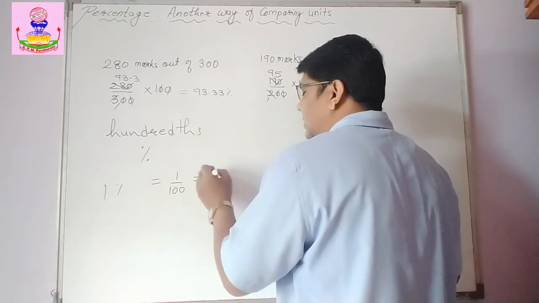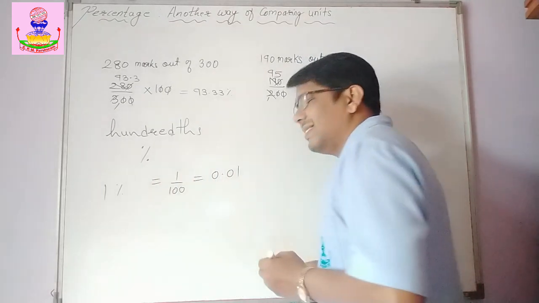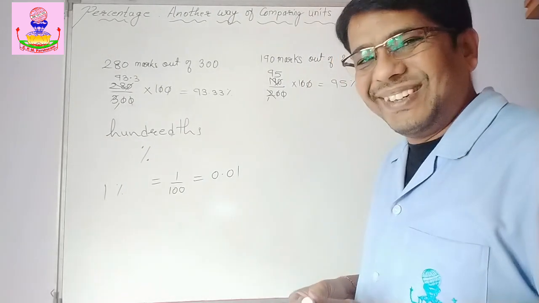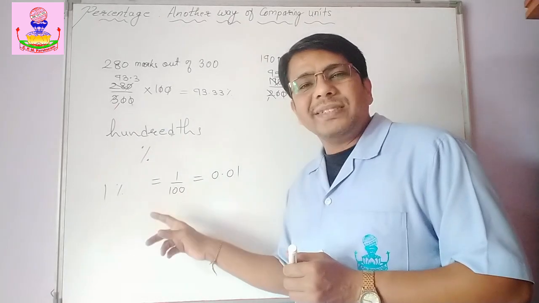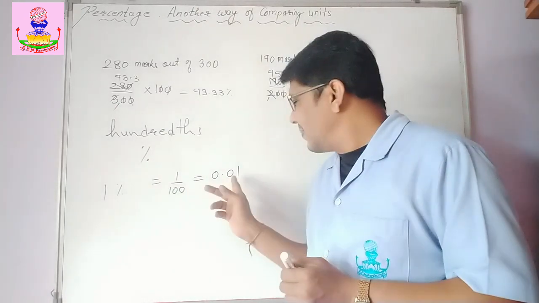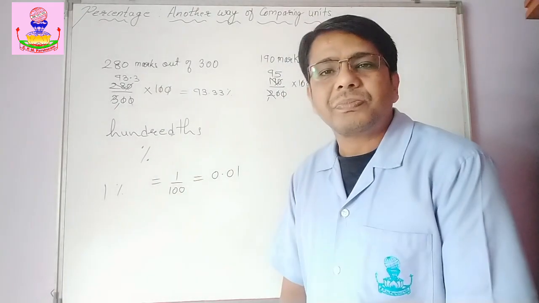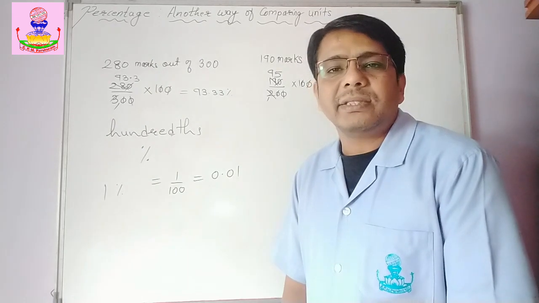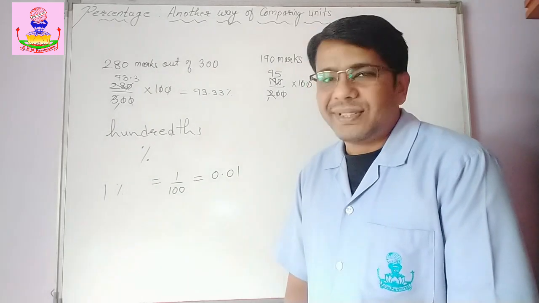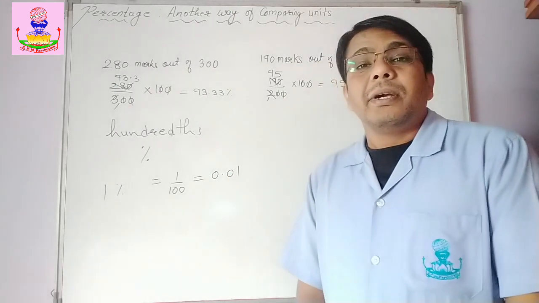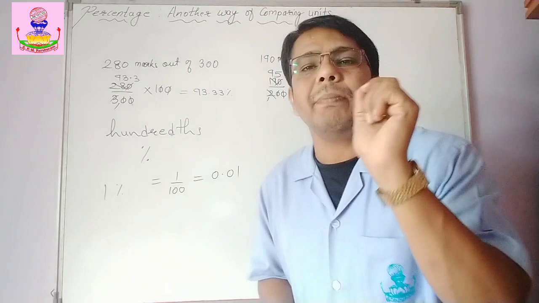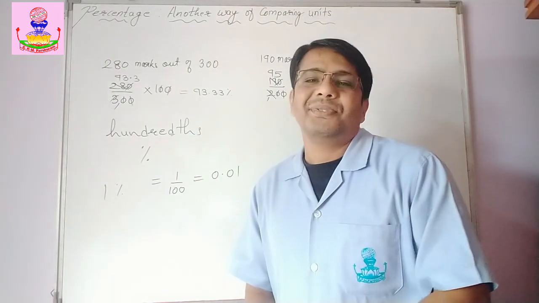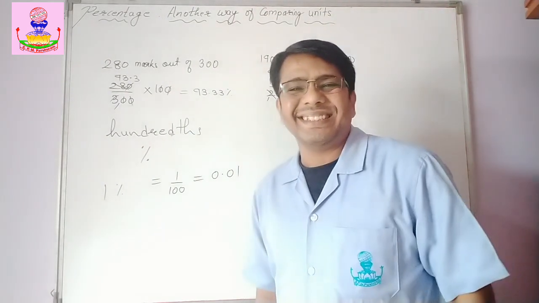So this I can also write as 0.01. 1% means 1 upon 100, and that is nothing but 100th. In percentage you should always remember that the denominator is always 100.